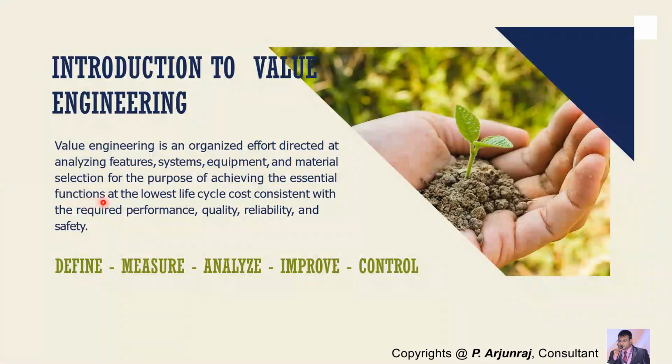So here the main objective is to achieve the necessary function of the product or a process or a service or a machine or an equipment or any material, whatever it is. So the basic here is the value engineering should meet the necessary function for the particular process or product at the lowest life cycle cost.